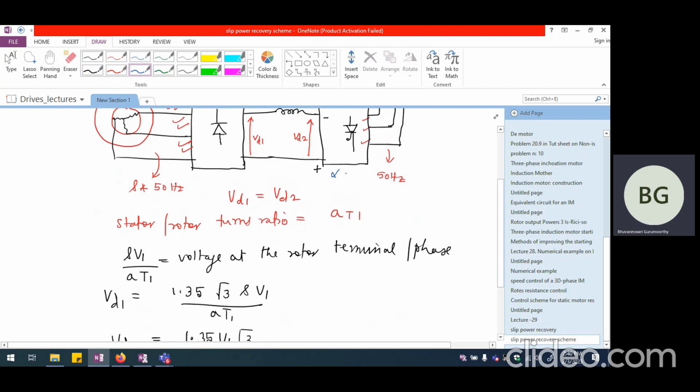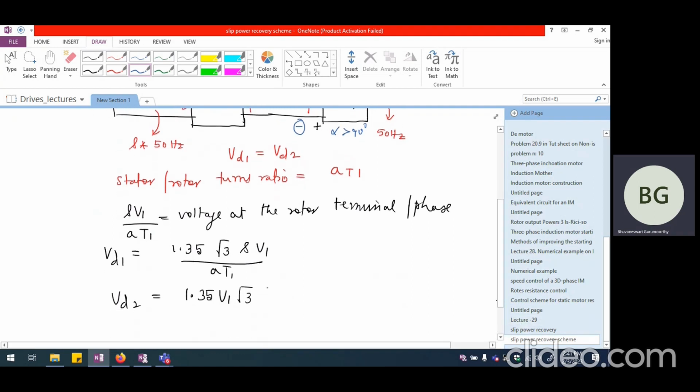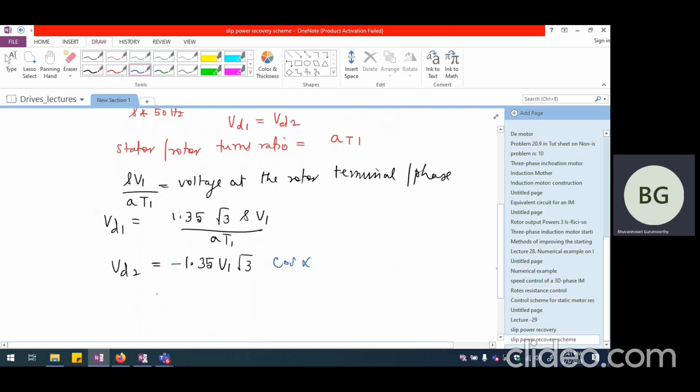Now here alpha will be greater than 90 because we want this to be plus and this to be minus. Only then the reversal of polarity will occur, when alpha is greater than 90. So 1.35 V1 times root 3 cos alpha with a negative sign. That is what will give me VD2.